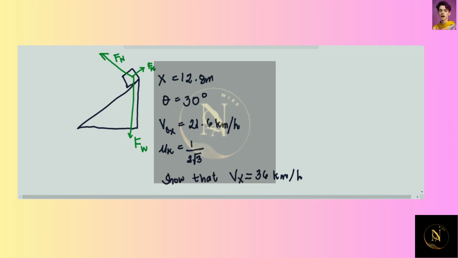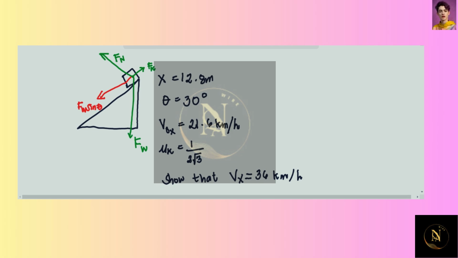Next, since it is lying on an angle, we have the weight acting on both directions. In this direction, the weight is pulling down the car by weight multiplied by the sine of the angle of inclination.